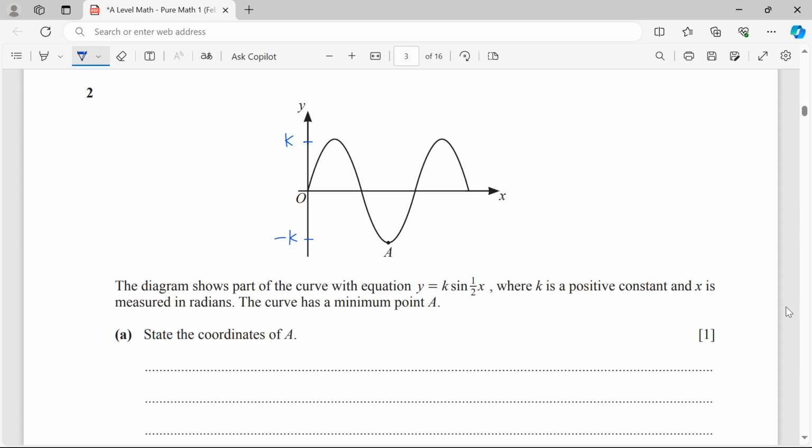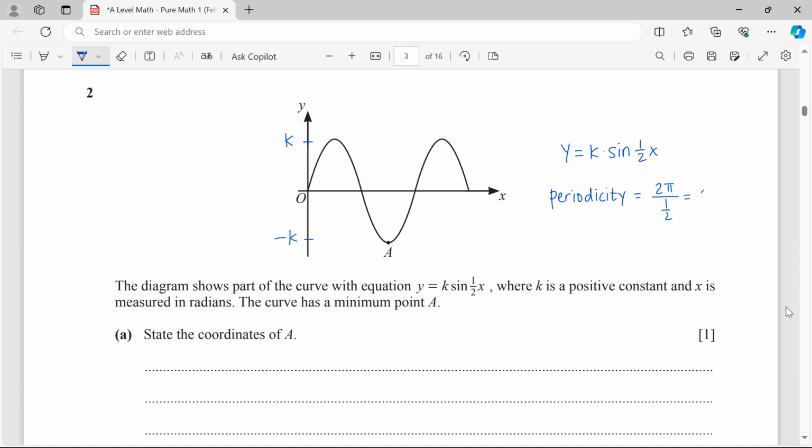If you take a look here, our equation is y equals k times sine 1 over 2x, and you can consider the periodicity of the sine function. The period of sine is actually equal to 2 pi over the coefficient of x here, which is 1 over 2.